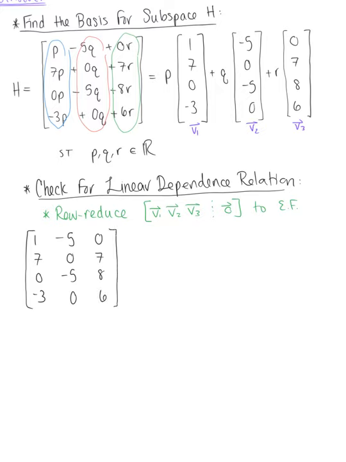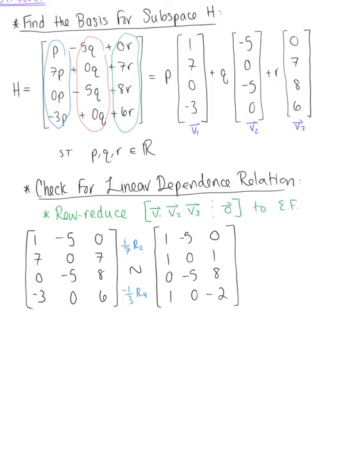And so we can actually simplify right off the bat here. We can simplify our second row. We can do 1/7 multiplied by the second row, and we could also do negative 1/3 times the fourth row. And so this leaves us with the matrix 1, negative 5, 0, 1, 0, 1, 0, negative 5, 8, and then 1, 0, minus 2.